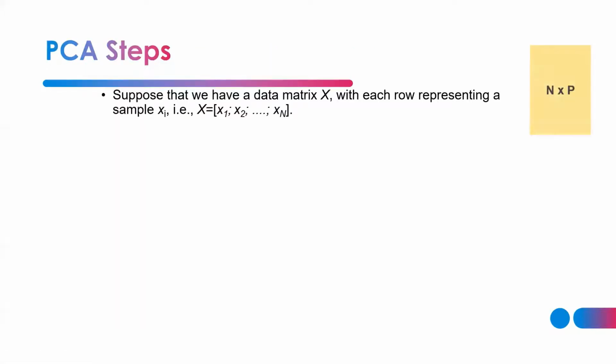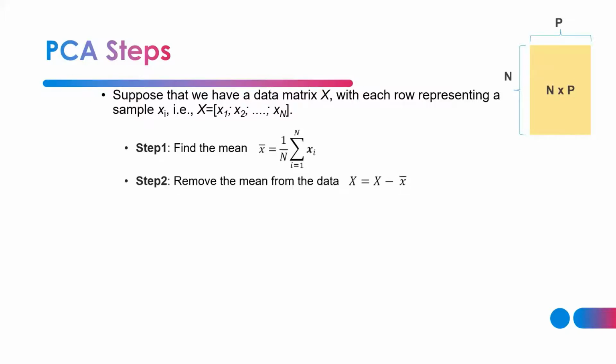Assume that you have a data matrix. The number of samples, let's say, is n, and the number of features that you are considering is p. The first step that we do to implement PCA is compute the total average, and we call that x bar.